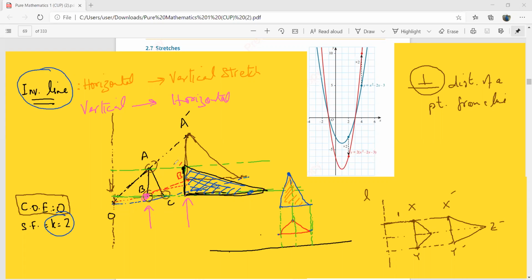So when you have a vertical invariant line, there is going to be a horizontal stretch, okay? And the vertical stretch has an impact on the y coordinates, okay? And the horizontal stretch has an impact on the x coordinates, okay?